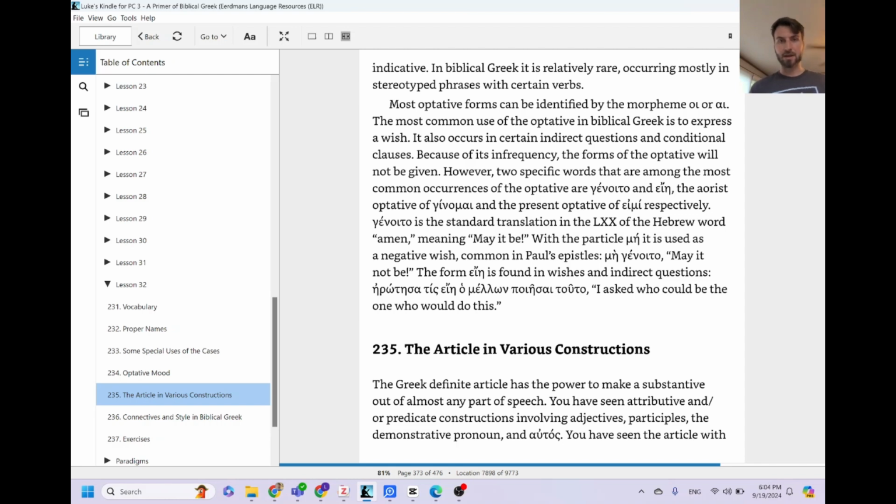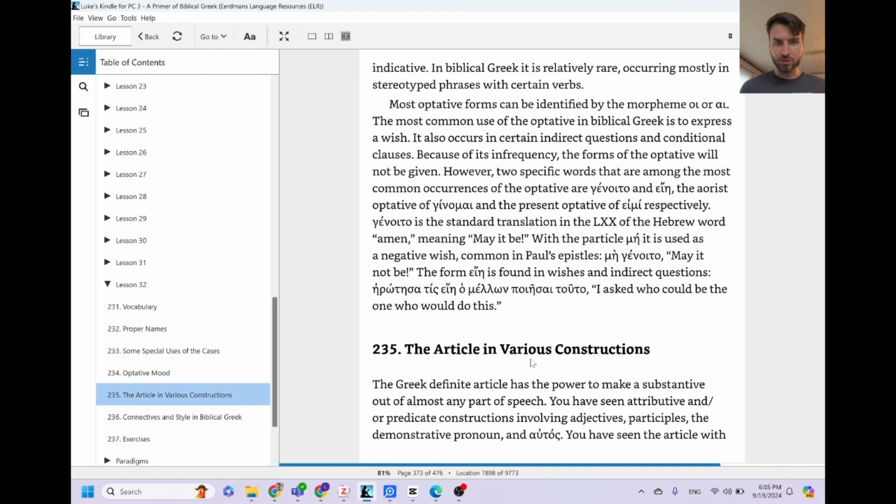And when Paul says, should we sin that grace may abound, me genoito, may it never be. Those are the main places where it's used. So that's why you don't really have to worry about the optative. It occurs more often in the Old Testament, in the Septuagint, in the prayers. It occurs a lot, or at least more, in classical Greek, but that's a different conversation. If you're learning classical Greek, you'll have to learn the optative more.